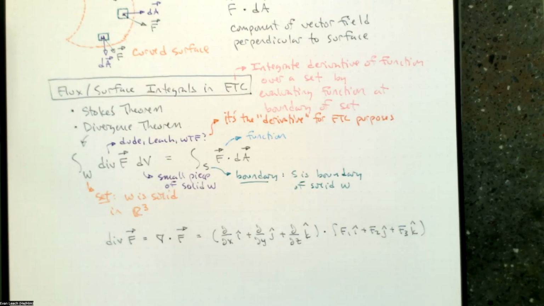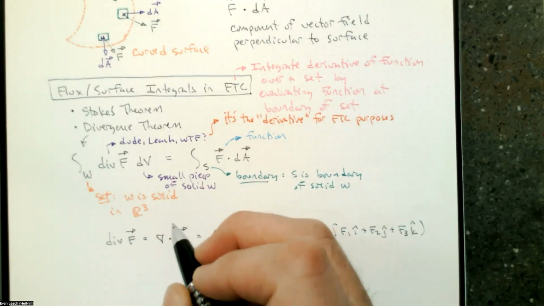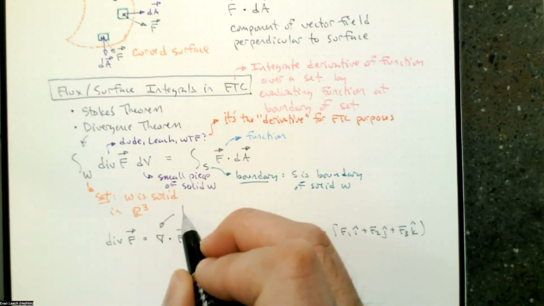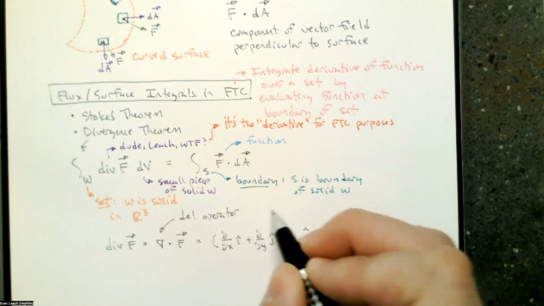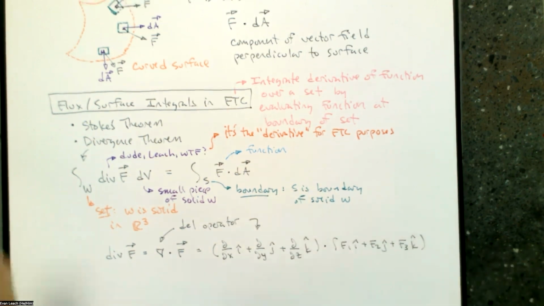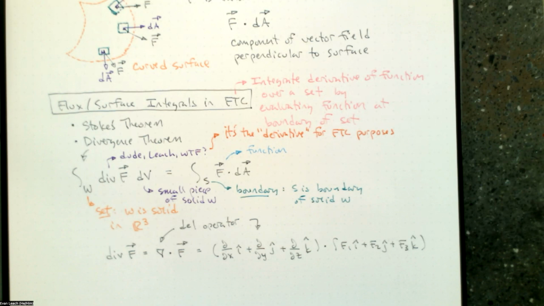And what is that symbol after div F? This is del. Del? It's an operator. It's a vector of partial derivatives. Is it supposed to be like Greek or something?